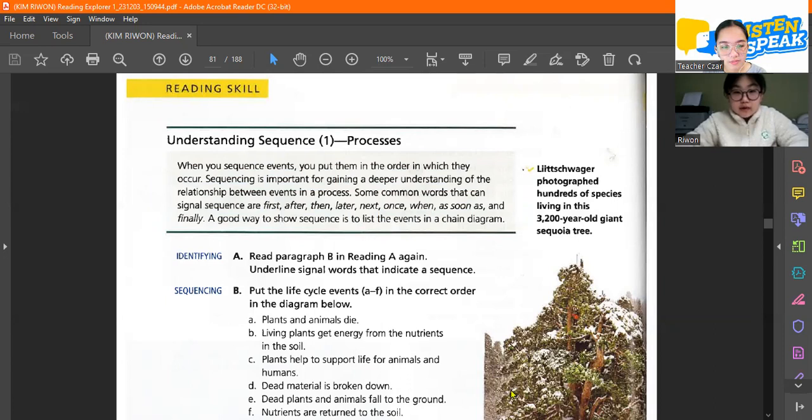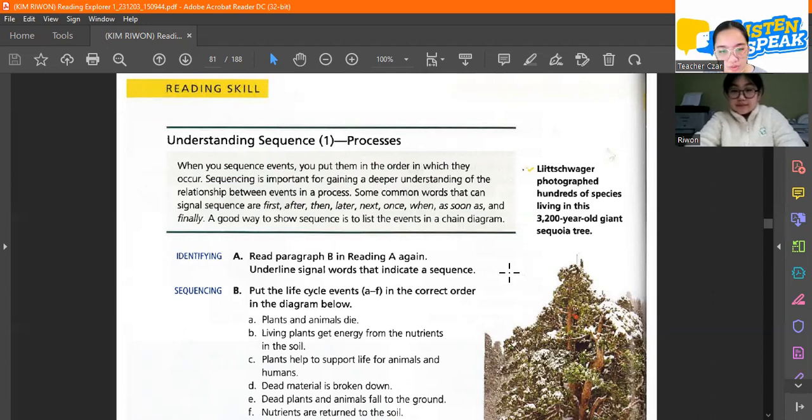Some common words that can signal sequence are first, after, then, later, next, once, when, as soon as, and finally. A good way to show sequence is to list the events in a chain diagram. Yes, diagram. Okay, very good.